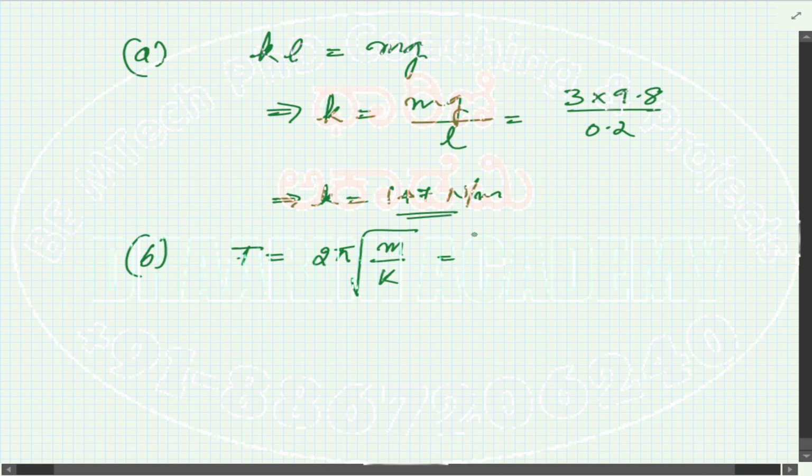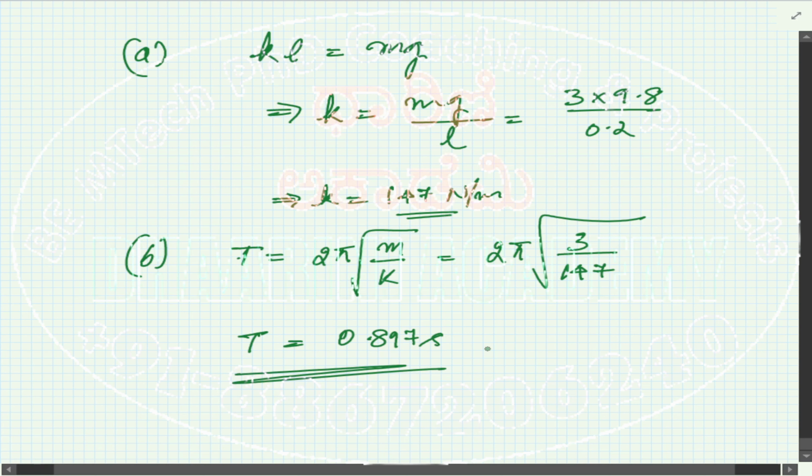You can also use that. Okay, but anyway, this is fine. We know the values. We can directly substitute. This is root of, you see, m is equal to 3, and k is equal to 147. So the T comes to be equal to 0.897 seconds.